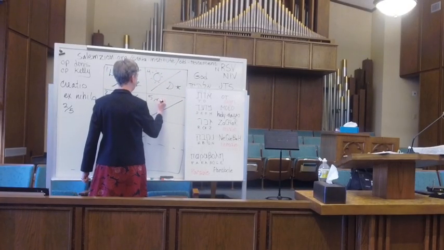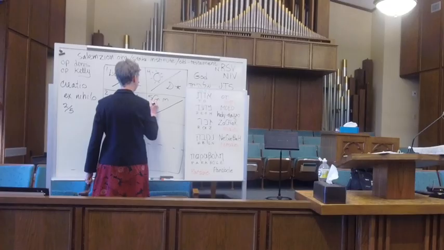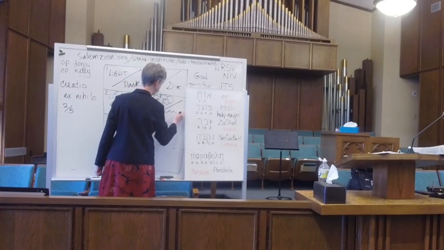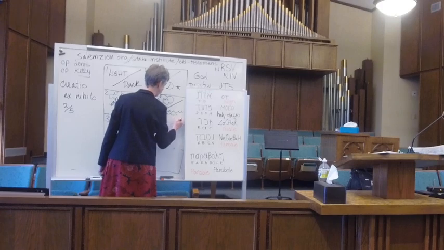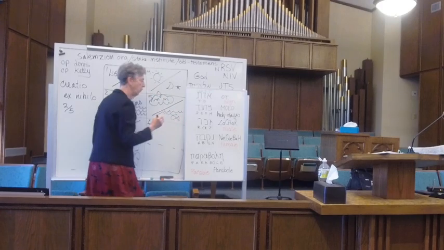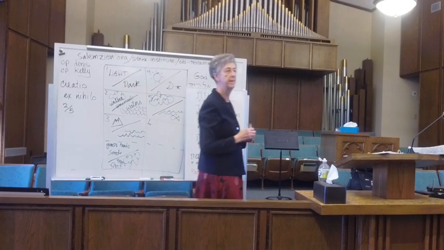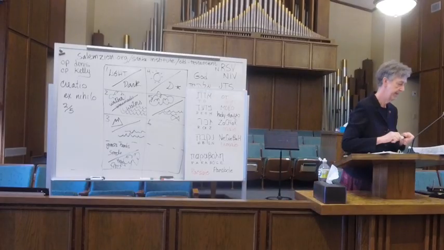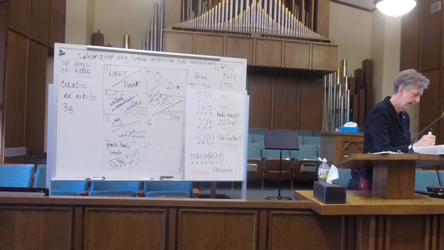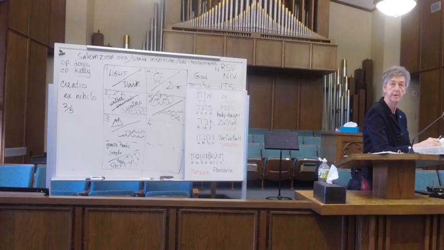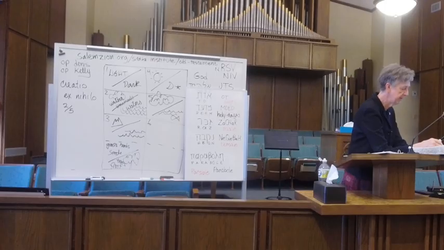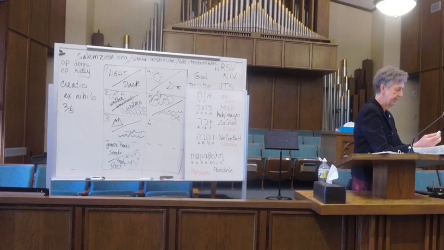We have birds flying in the waters above, and fishes swimming in the waters below. And God saw that they were good, and God blessed them. This is when the blessings begin, saying, be fruitful and multiply and fill the waters. And the evening and the morning are the fifth day.